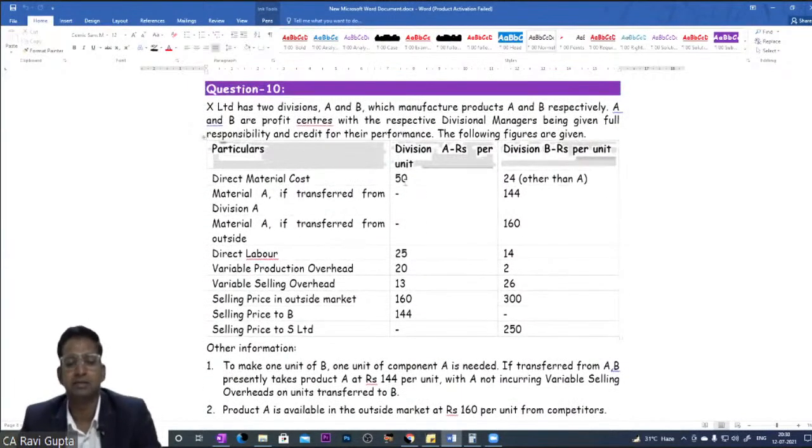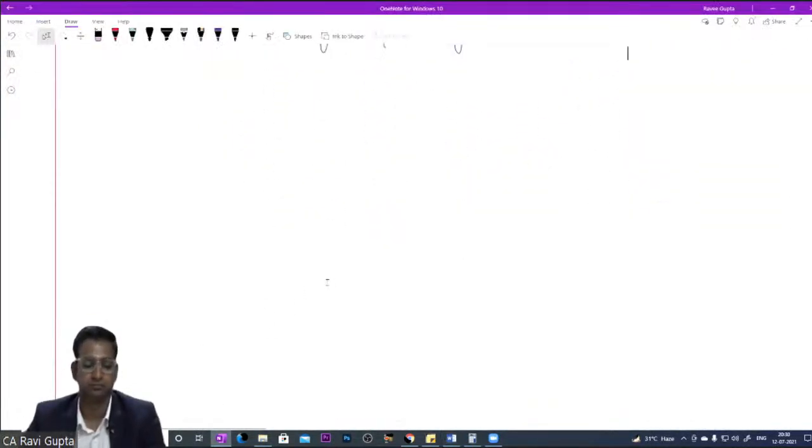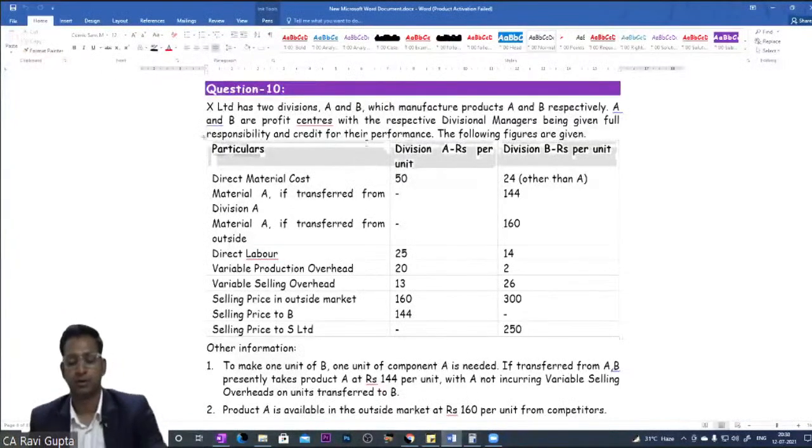X Limited has two divisions, A and B, which manufacture product A and B respectively. Question number 10th.